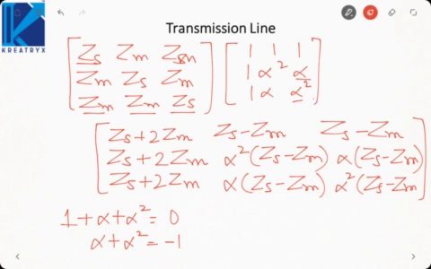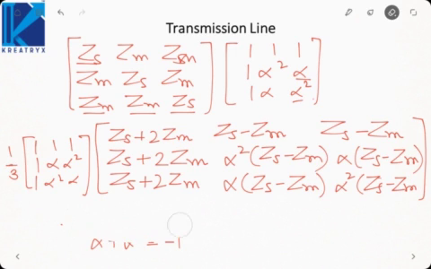Now this matrix needs to be multiplied by A inverse. A inverse was 1 by 3, 1, 1, 1, 1, alpha, alpha square, 1, alpha square, alpha. Okay. Now if we multiply this, what we will get is 1 by 3.